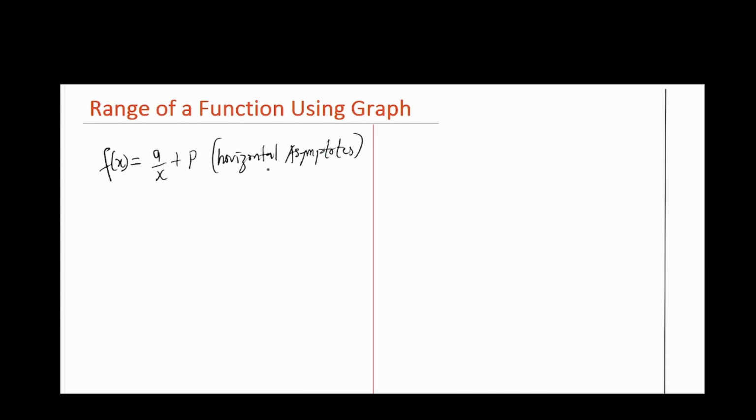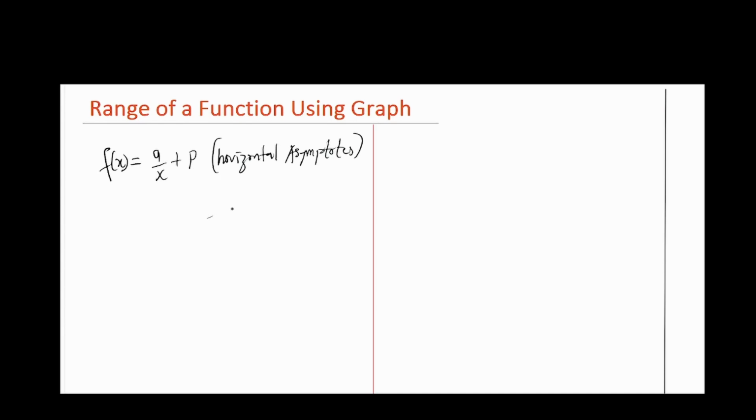We talked about horizontal asymptotes in the last video, which simply means the imaginary line that shows the behavior and boundary of a curve as it approaches infinity.